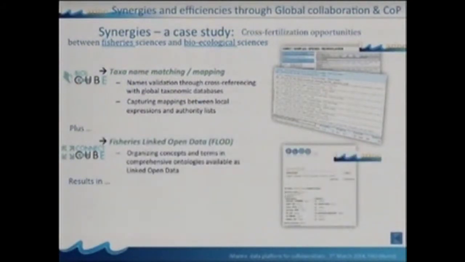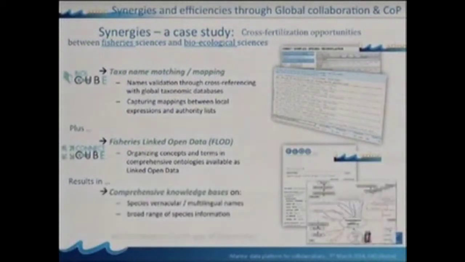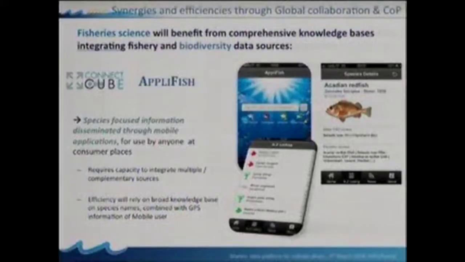And other efforts, such as developed by FAO on the fisheries linked open data, which is organizing an ontology of terms, where all the mappings among terms can be organized in a comprehensive knowledge base, result in capacities where you bring the knowledge of many actors together in a big knowledge base, and you can, for example, disseminate applications such as Applyfish.